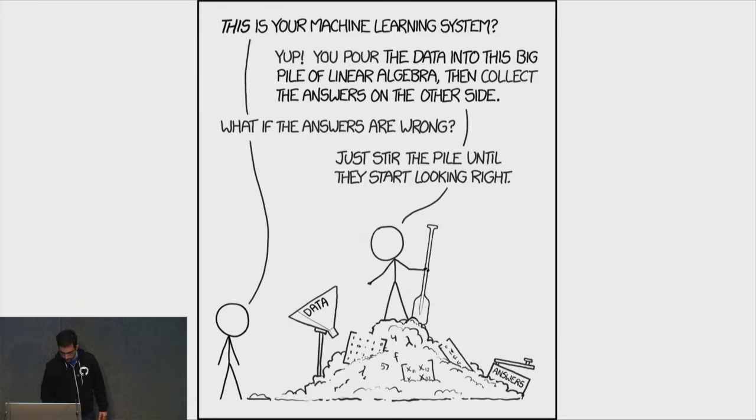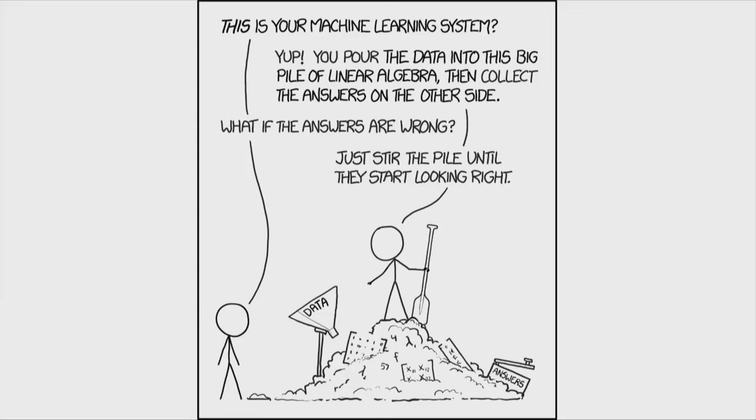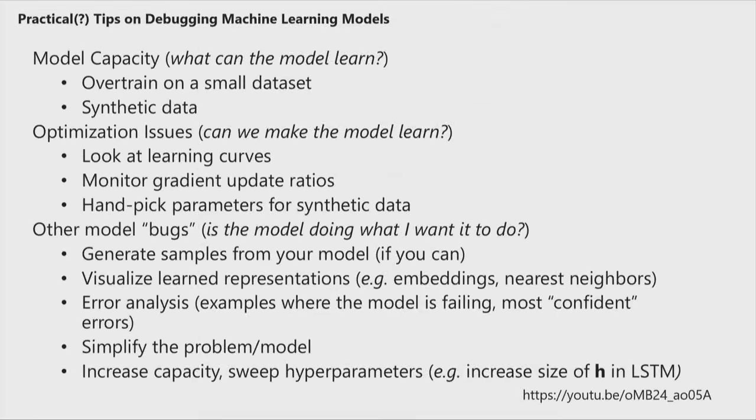The next thing is about debugging. It's notoriously difficult to debug these models because they're not terribly interpretable. But there are high-level recipes about how to do this, especially with deep learning. I'm listing some of these things here. Probably you'll get access to the slides at some point.